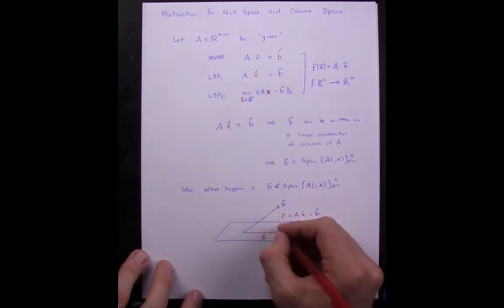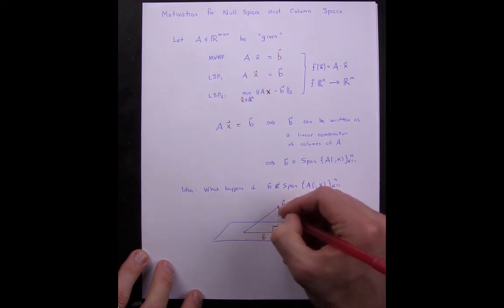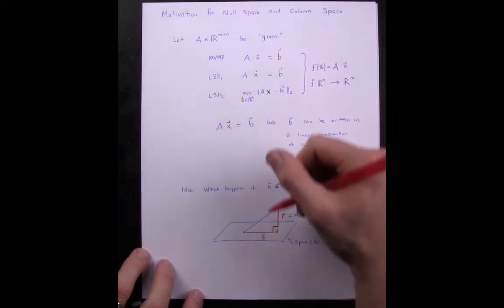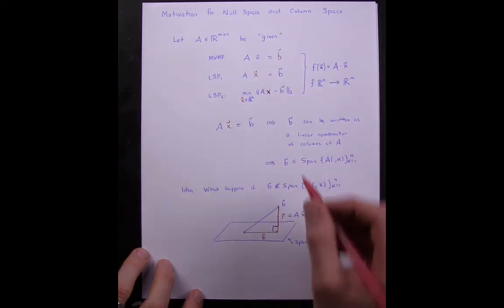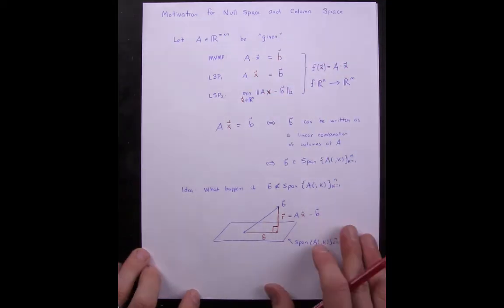If this projection is done in such a way that we maintain orthogonality, we say that the length of this residual vector is minimized. Thus, finding the orthogonal projection onto the span of the columns is the solution to the least squares problem.